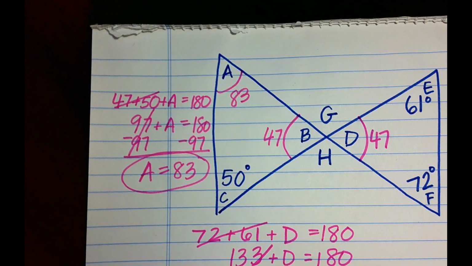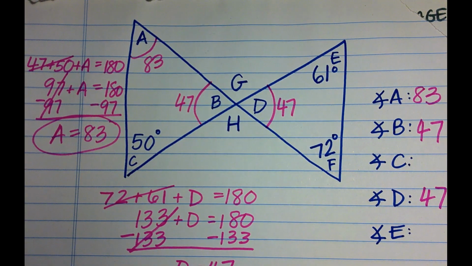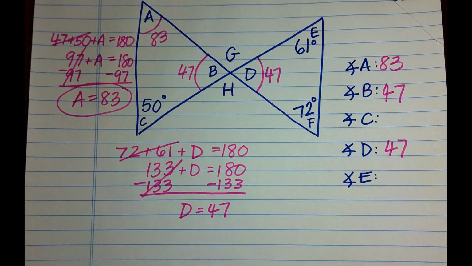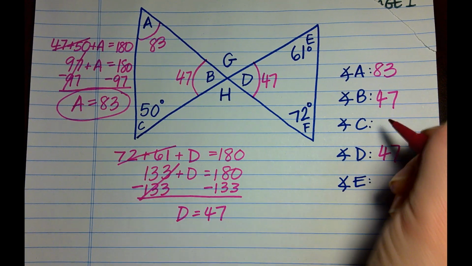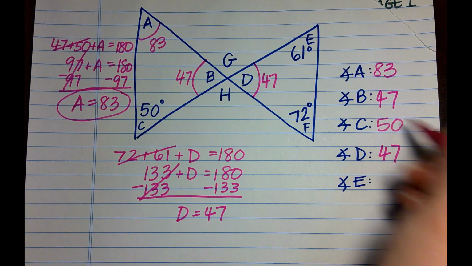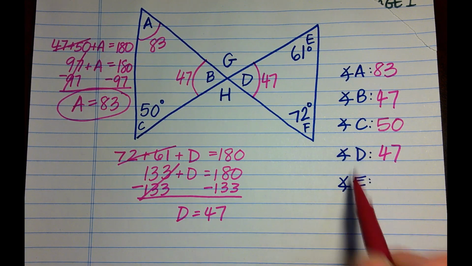Now we just need G and H. Wait, what about C? Oh yeah, I got C over here. I gave you C, I forgot. I don't know why I wrote all those.